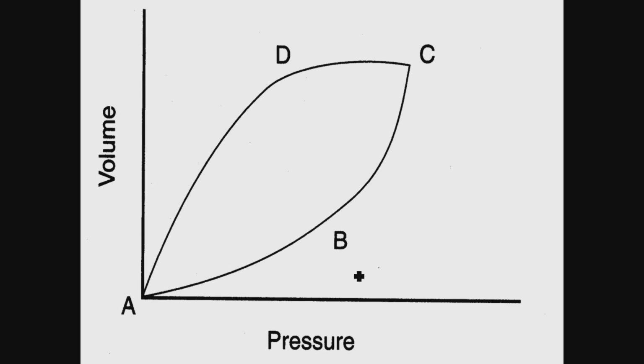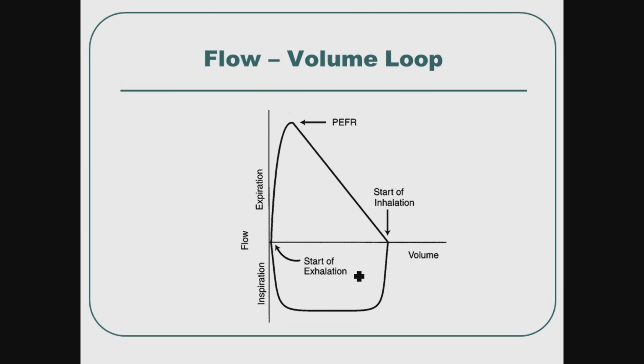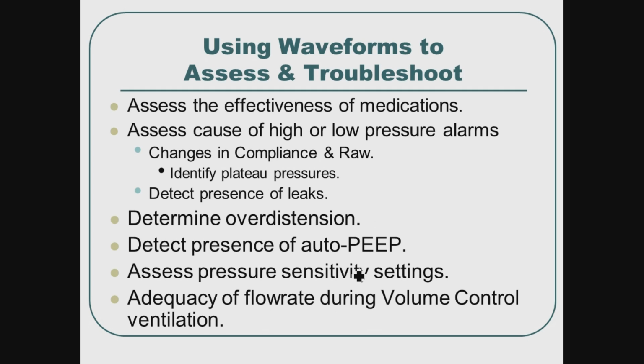Flow volume then is what we typically see in the PFT lab, but we can actually monitor it on our mechanically ventilated patient. So what are we doing with this? Well, we're looking at a bunch of different reasons why we would want to monitor the graphics.